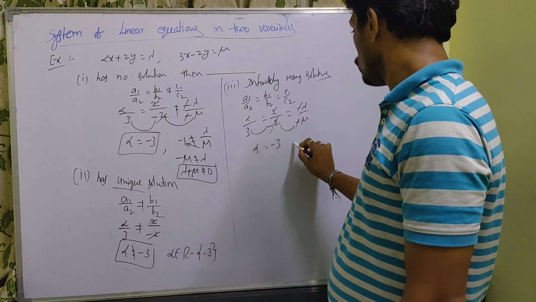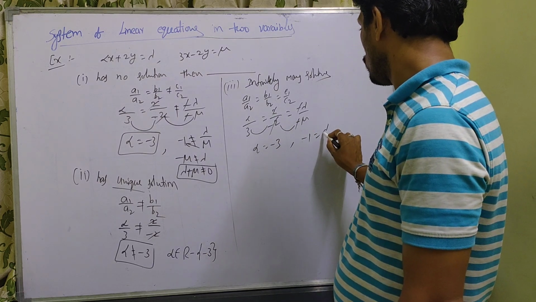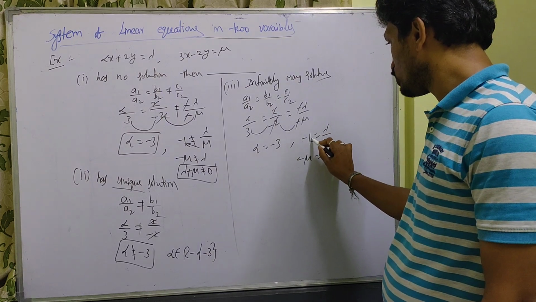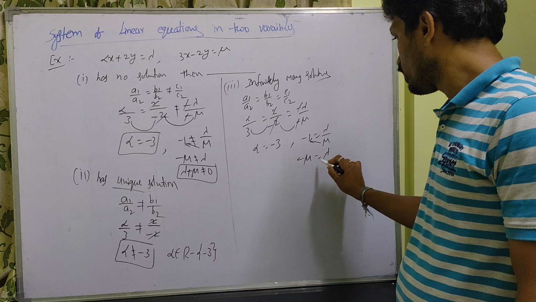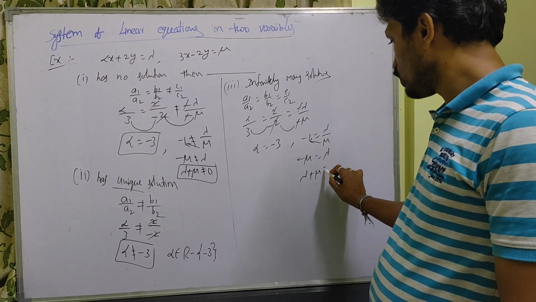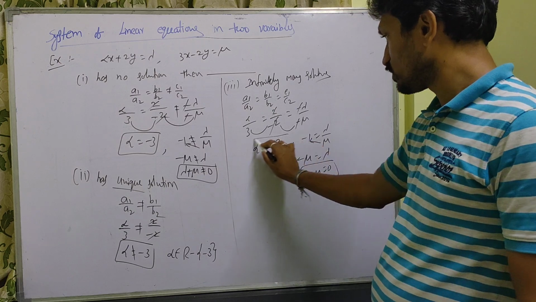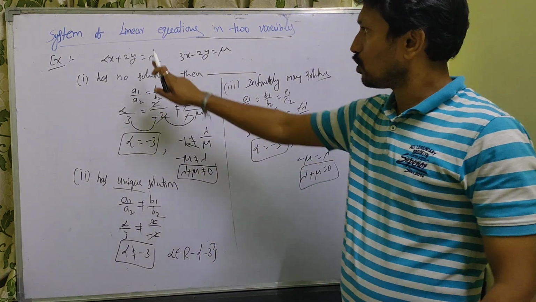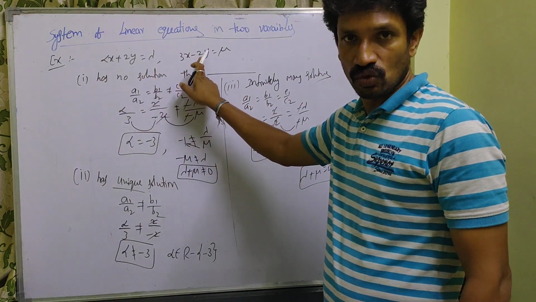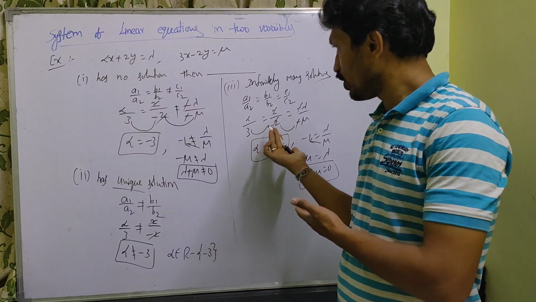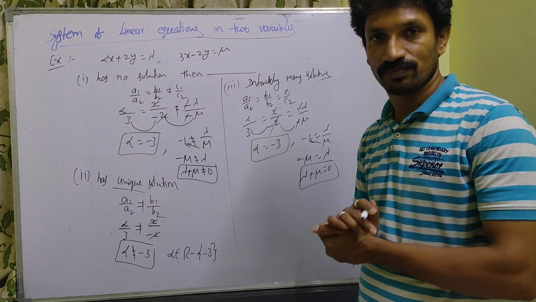If you equate these two, what you have? Minus 1 is equal to lambda by mu. So minus mu is equal to lambda, cross multiplication. So minus mu transpose this side, what you have? Lambda plus mu is equal to 0. These are the conditions. So like that they may ask you the question. So equations here, these two only. Based on these two, they may ask you in 3 ways. This is the question. Okay.